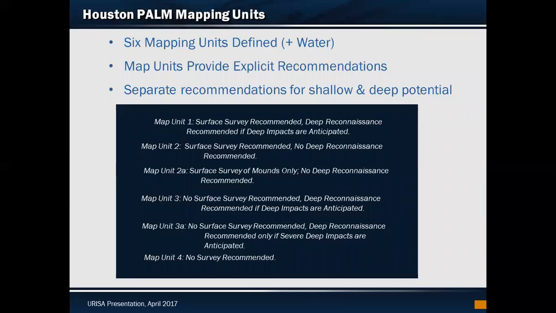And the Houston PALM defines 6 different mapping units, and importantly, these mapping units provided explicit recommendations. So surface survey is recommended, deep reconnaissance is recommended, and they also included separate recommendations for shallow and deep potential.